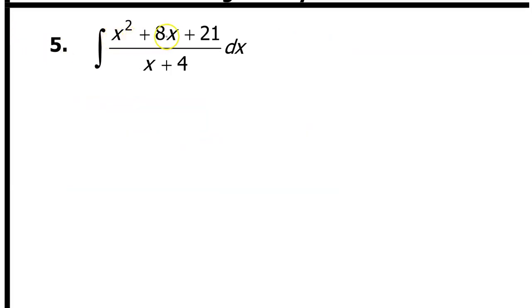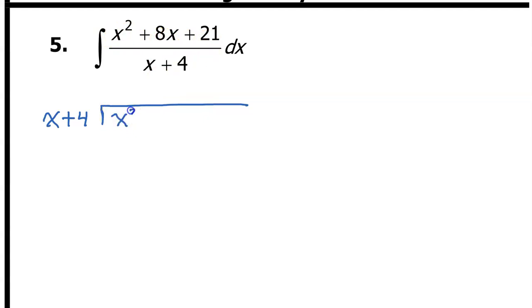When the degree of the numerator is higher, and you can't do that a plus b over c rule, you probably will have to do long division, which isn't that bad. So you put your x plus 4 in the front, and then your division symbol, and then we will have x squared plus 8x plus 21 on the inside.